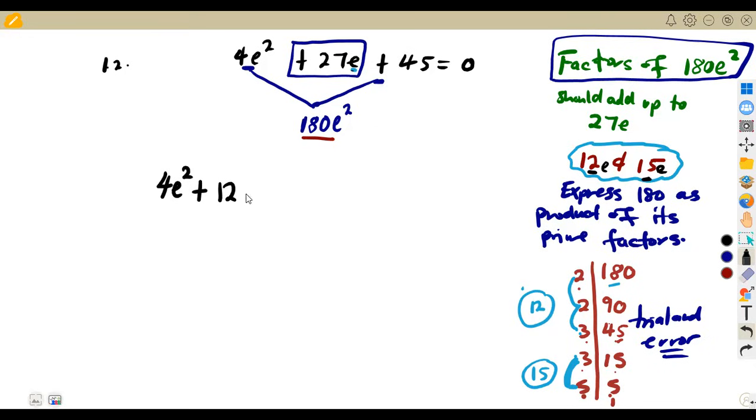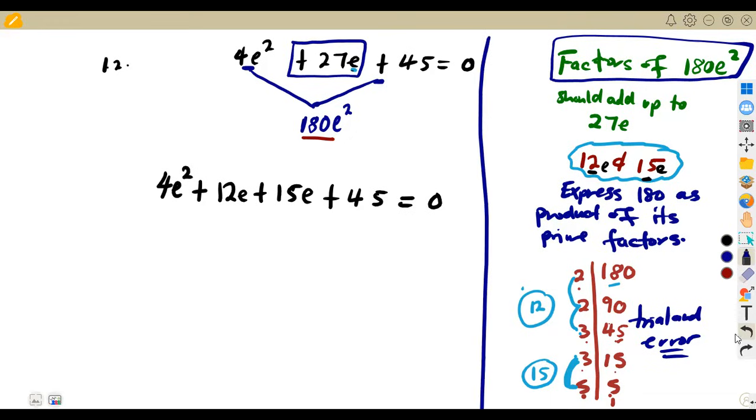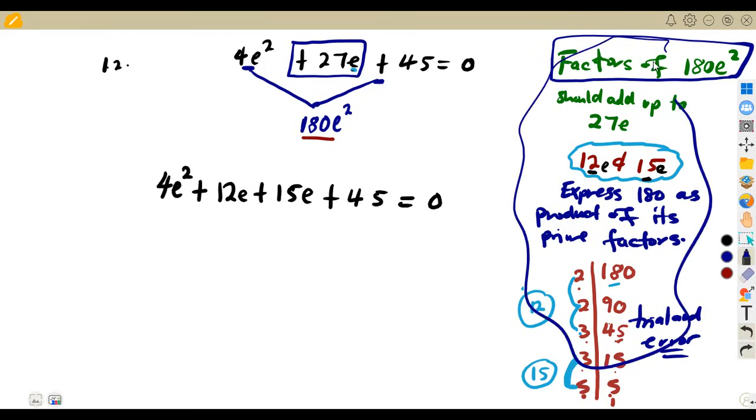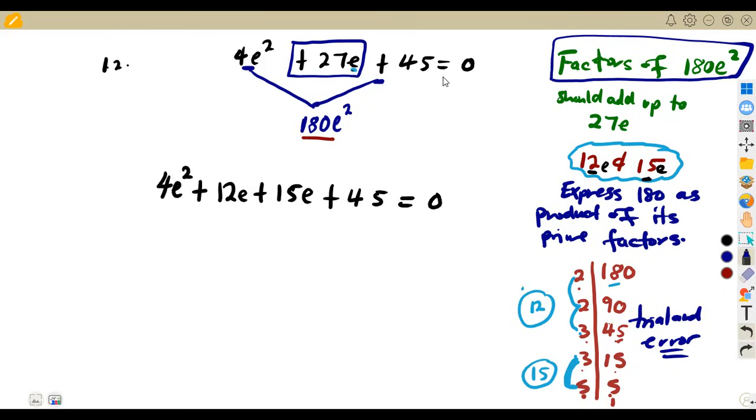So it is going to be plus 12e plus 15e plus 45, which is equal to 0. Remember, all that we do here is the factorization part, but this factorization is under an equation, so you must maintain the equal to part.